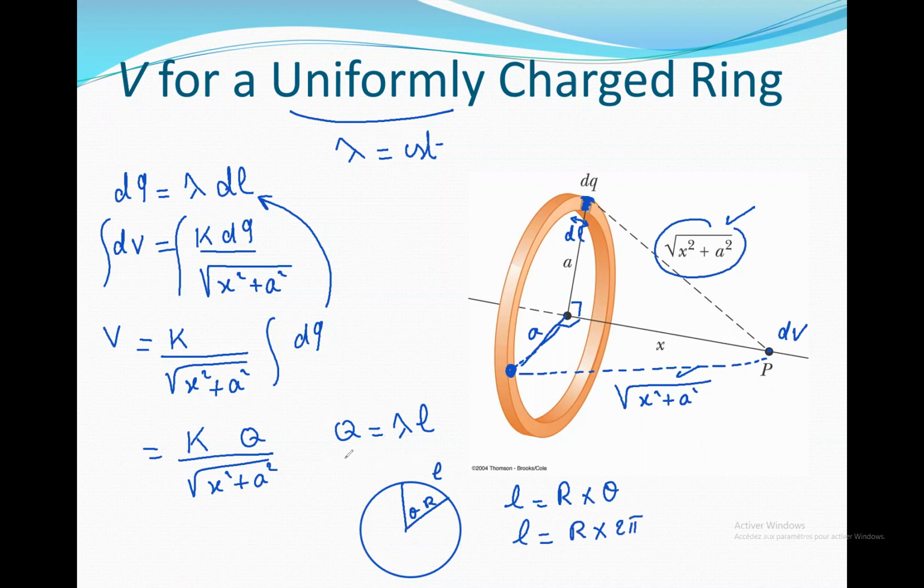Okay, so V equals K divided by radical x square plus a square, and Q equals lambda times L. L equals 2 pi times R. Okay, so we have Q equals 2 pi R lambda.